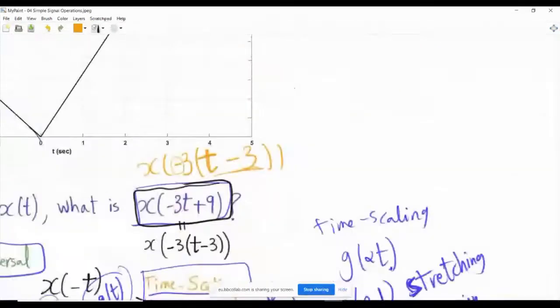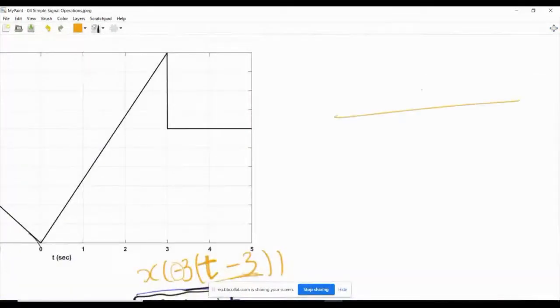See what I'm saying: if you have a signal that is defined just on the integers, let's say it looks like this: 3, 2, 1, 0, 0, 0, 0, 0, and so on. That's x of n. What does it mean to stretch it?